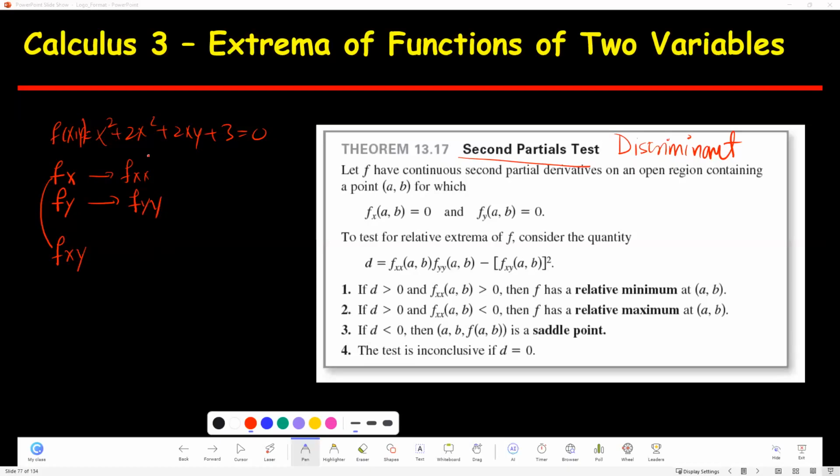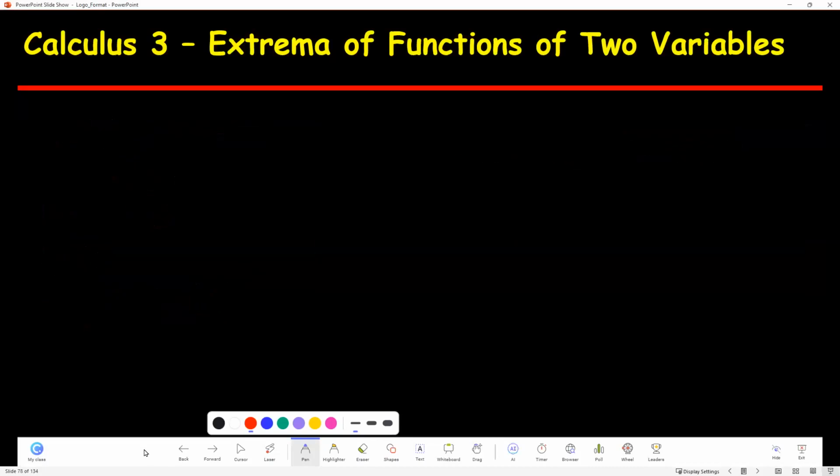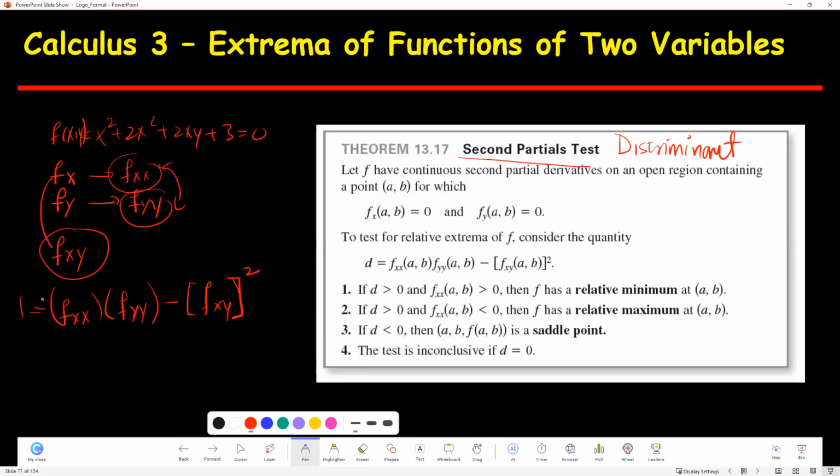When I have all these terms, I multiply fxx times fyy, and then minus fxy squared. I call this term D, which is my discriminant.